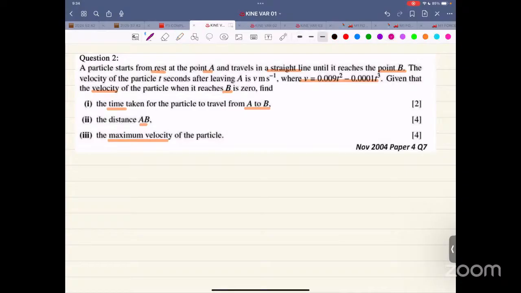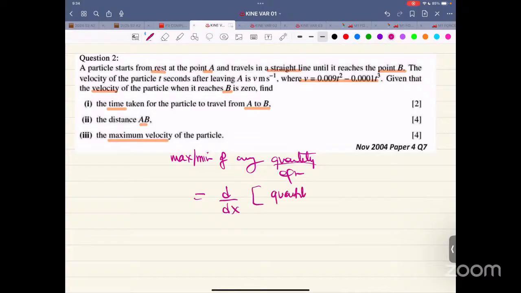Now, a few pointers over here. Whenever they ask about the maximum or minimum of any quantity or equation, it could be area, it could be volume, then the derivative of that quantity should equal 0. That's the rule.